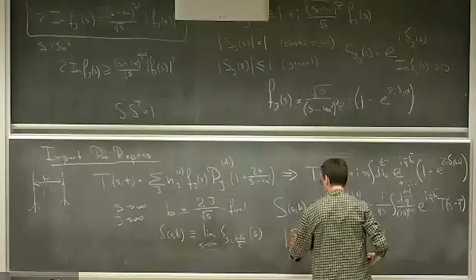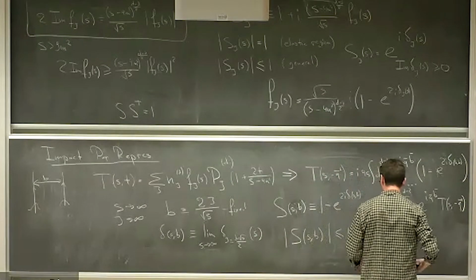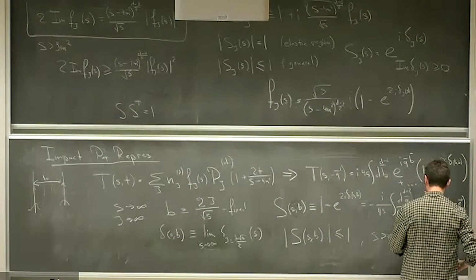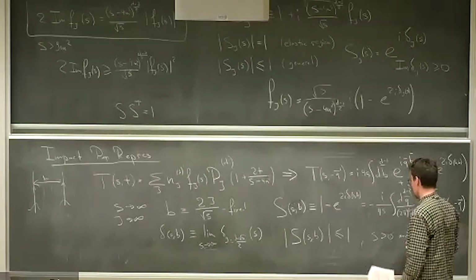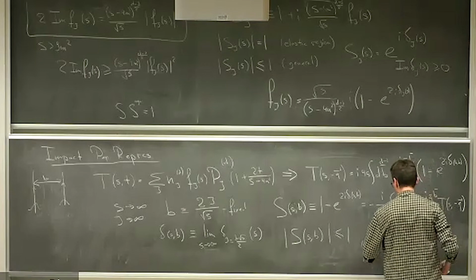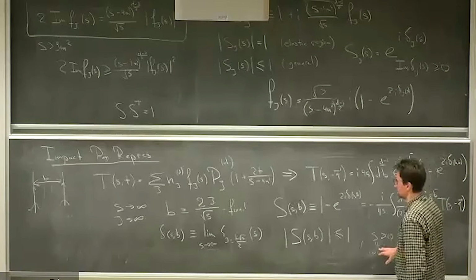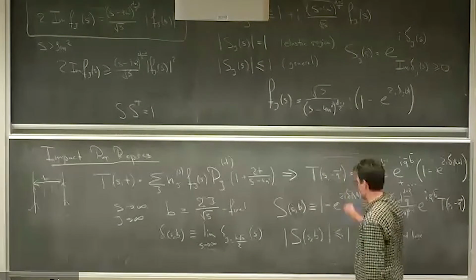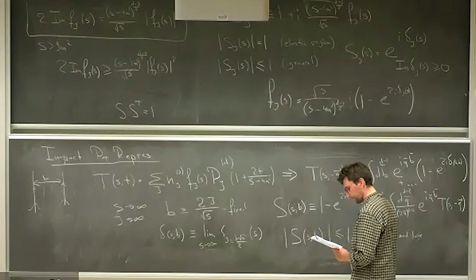So we get that S of B is less than or equal to 1 for S large and positive. And remember in the first lecture, I said this was omega prime, and then we had to consider omega negative. But here you can see, and we will see more, that everything was derived only for S positive, and if you try to take S to be negative, you lose this condition.